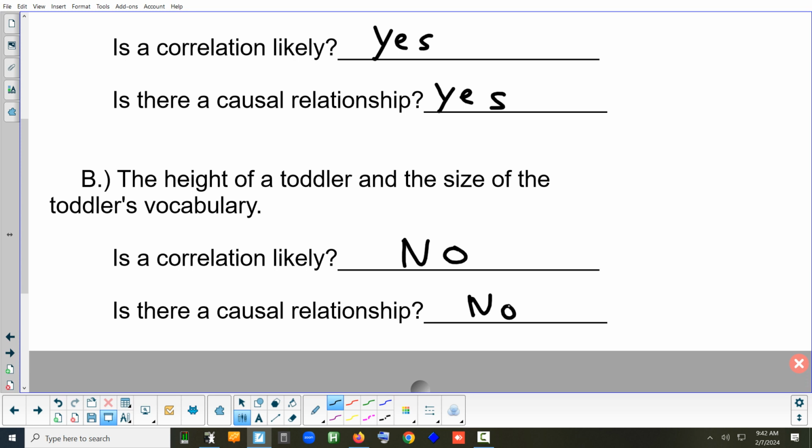Now, what if they worded it a little differently? Let's say they said the number of days old or number of months old a baby is and how much they weigh. What do you think about that one? How many months old and how much they weigh? You think there'd be a connection there? Yeah, I would definitely say that's a correlation.